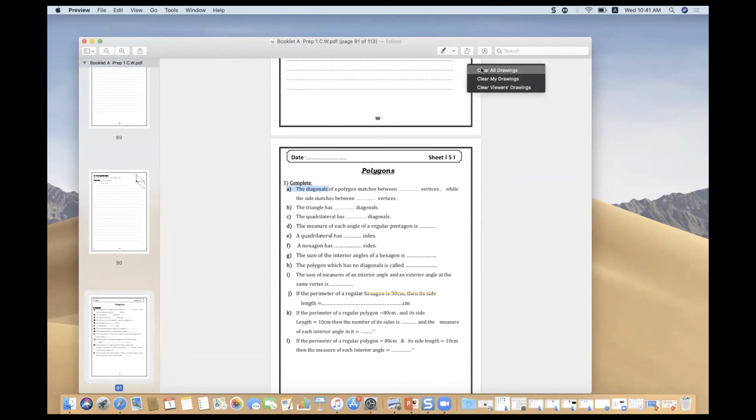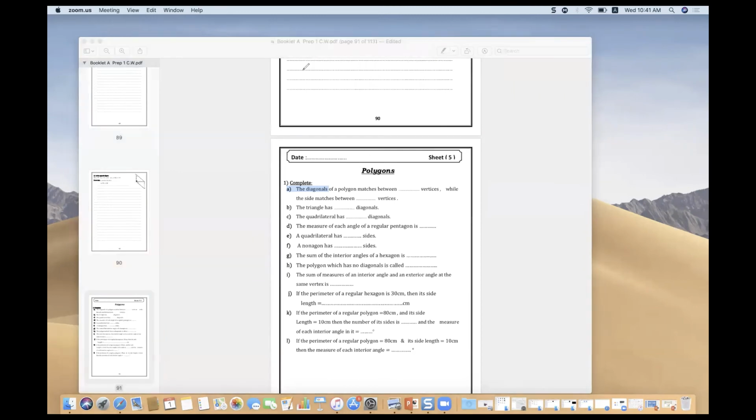Okay. Who can answer with me, girls? Who will help Ms. Rahab solve the question? Yes, Sundus. The diagonals of a polygon match between two non-adjacent vertices. Excellent.